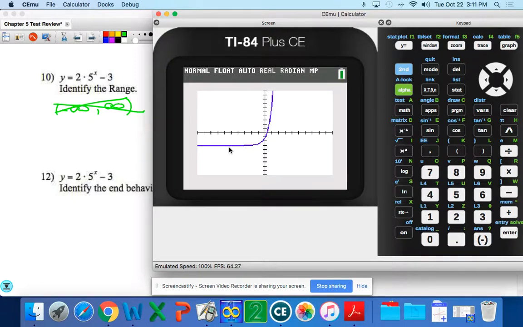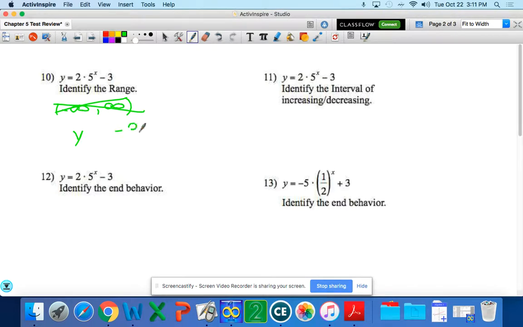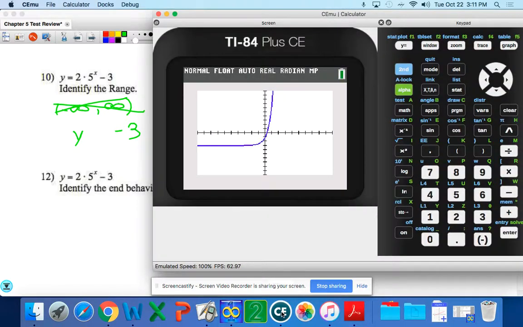So the range and the asymptote have a lot to do with each other. In fact, they look very similar, except for now, instead of an equal sign here, we're going to take that equal sign, we're going to close one of the ends up to make it a greater sign or a less than sign. We do that according to how the graph looks.